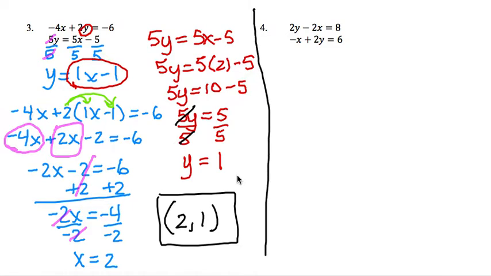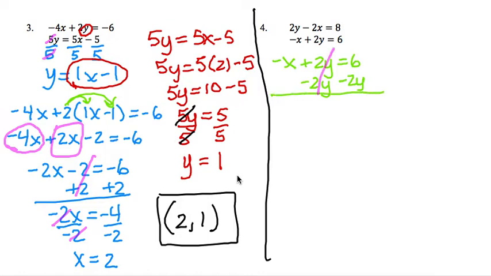So one final example here, question number 4. In number 4, neither of your equations are solved for x or solved for y. So it's completely up to you which one you want to solve and whether you want to solve it for x or y. I'm going to decide to use the second equation and I'm going to solve it for x. So negative x plus 2y equals 6. So if I wanted to get x by itself here, I would start by subtracting 2y from both sides.